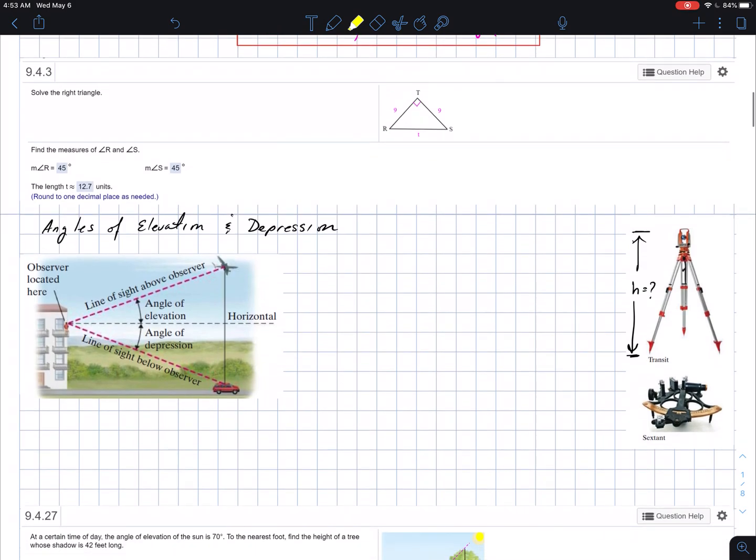Okay, angles of elevation and depression. So we want to elevate. That's what we always want to do. But of course, there are some times that there is depression. So what does that mean? Well, that means from any perspective. Okay, if I'm highlighting this one perspective, this vertex, if you will, this person standing right at that balcony, and they're looking straight out to the horizon.